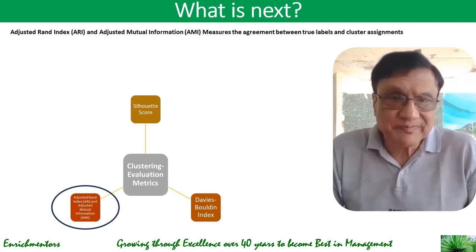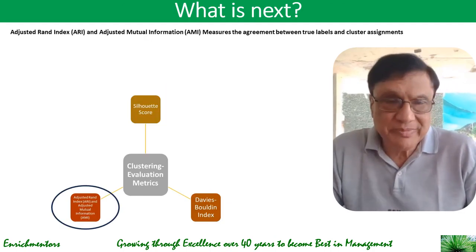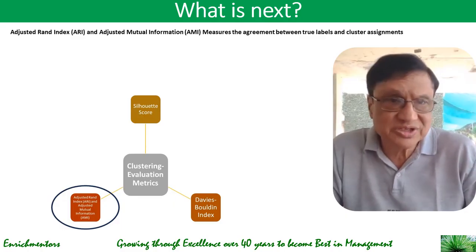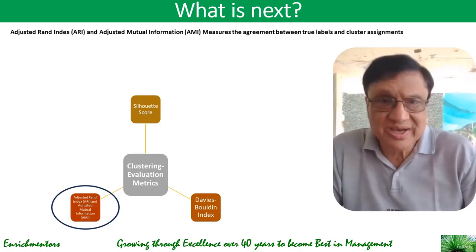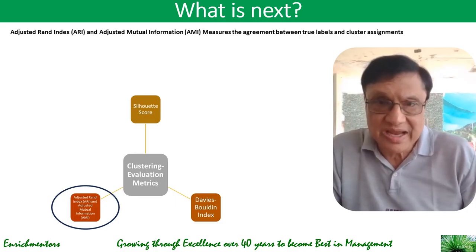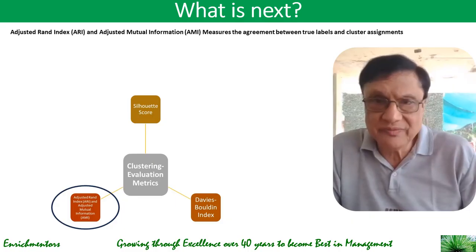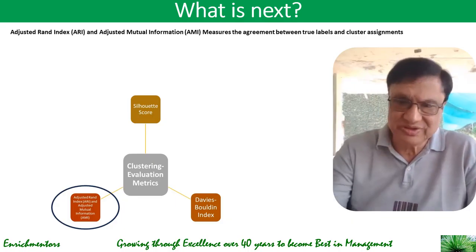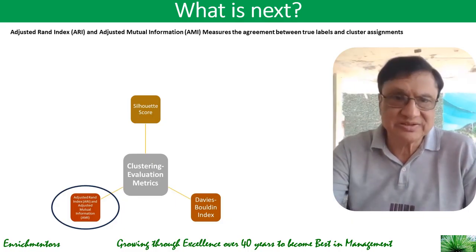What is next? We will look at the last of the evaluation criteria for clustering, which is using the adjusted Rand index (ARI) and adjusted mutual information (AMI) measures as the agreement between the true labels and cluster assignments. That's what we will do in the next lecture.